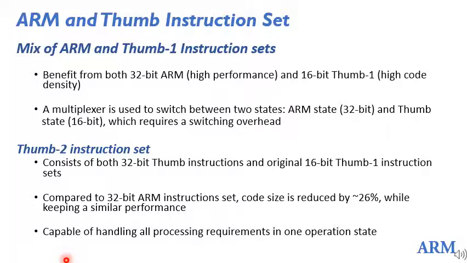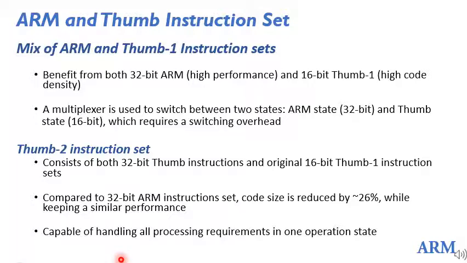So you can call this a superset of the 16-bit Thumb instructions and the 32-bit ARM instructions. Since all the instructions are included here, all the tasks can be performed using only this one instruction set, that is the Thumb 2 instruction set.